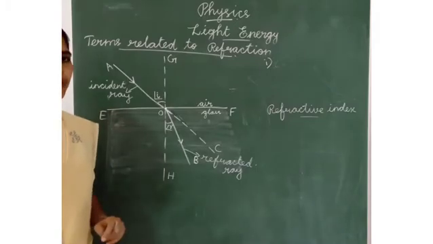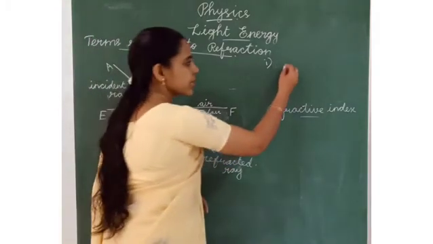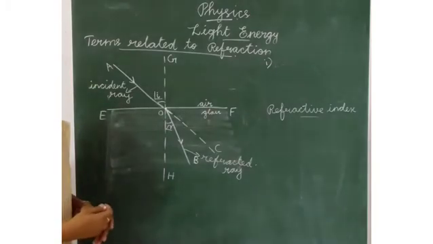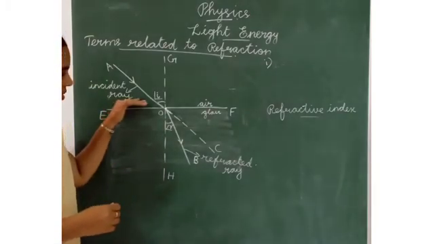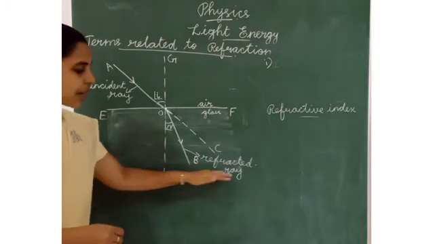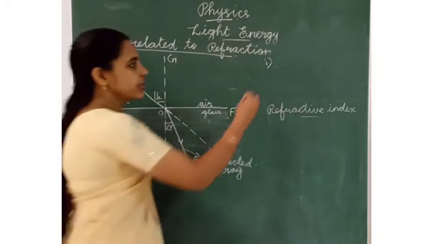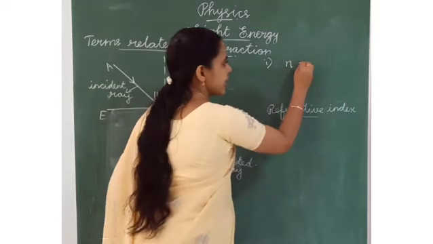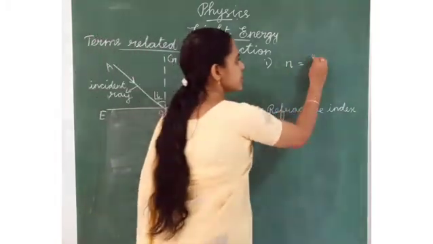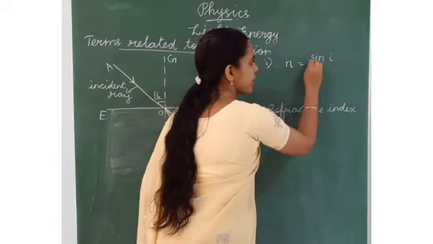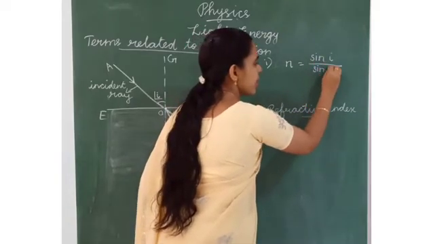What is the second law of refraction? The ratio of the sine of the angle of incidence to the sine of the angle of refraction is constant. Here n is the refractive index: n is equal to sine i divided by sine r.